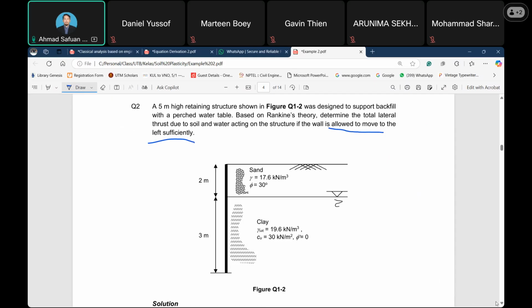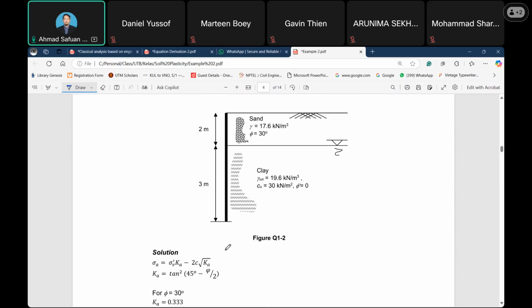So the same procedure, but with the use of the active equations. This is the general equation for typical soil, so that we get the KA for the active.